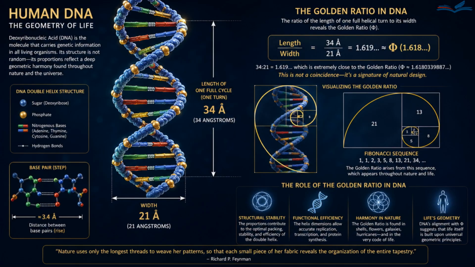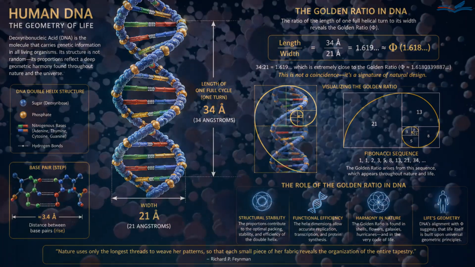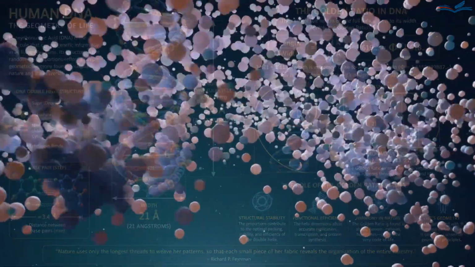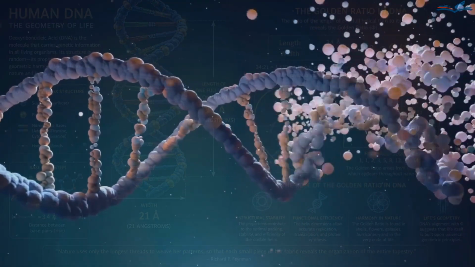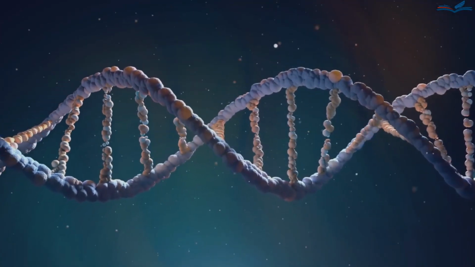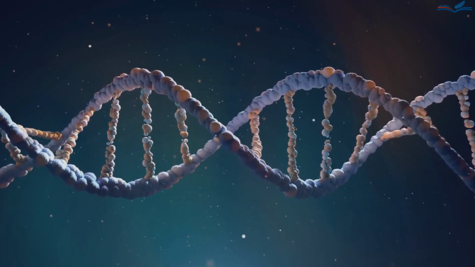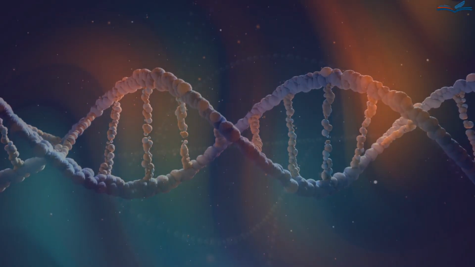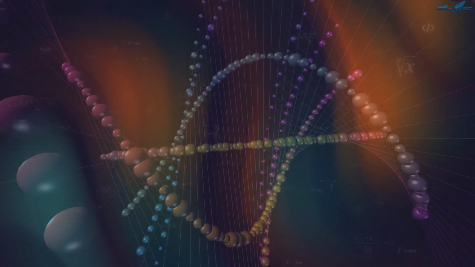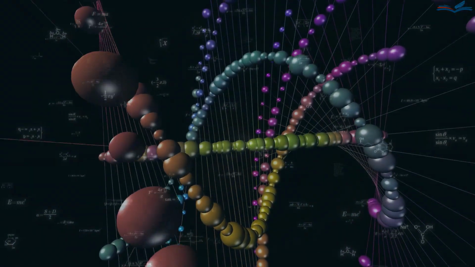This geometric harmony within DNA suggests that the very blueprint of life is structured upon the same mathematical principles that define galaxies and seashells. All such patterns hint at a deeper connection between mathematics and biological forms.